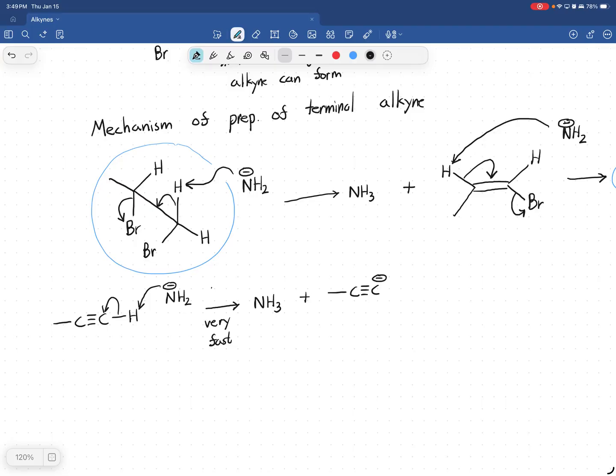So remember, the pKa of this alkyne is 25. Okay. And the pKa of water is 15.7. So what's going to happen to this water if this alkyne approaches the water molecule?